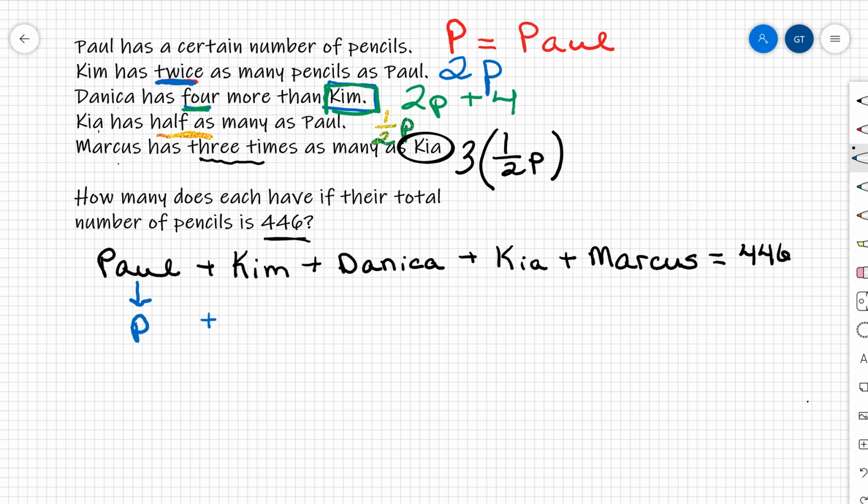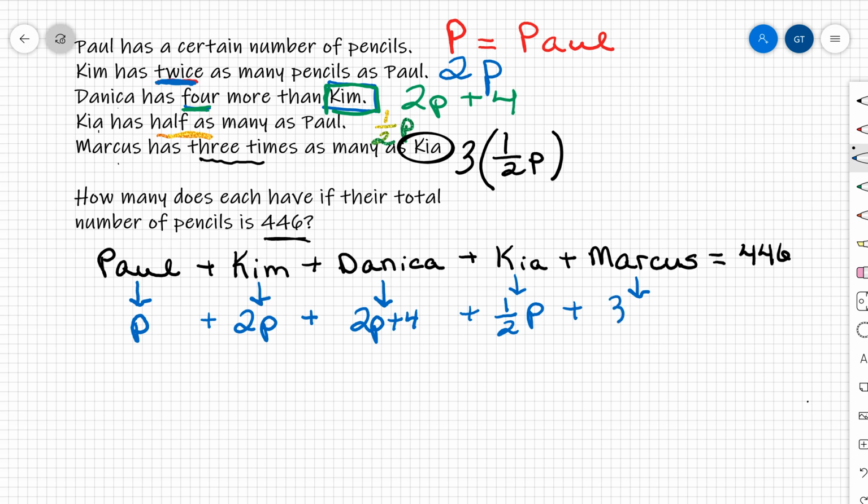Plus Kim. Kim had 2 times what Paul had, so that's 2P. Plus Danica. Danica had 4 more than Kim, so that was 2P plus 4. Plus Kai. Kai had half as many as Paul, so 1/2 P, plus Marcus, and Marcus had 3 times as many as Kai.